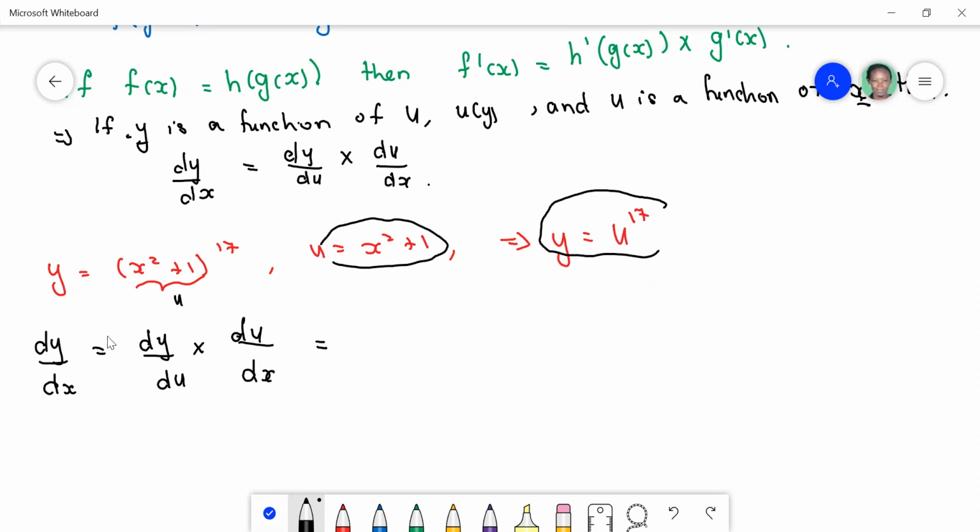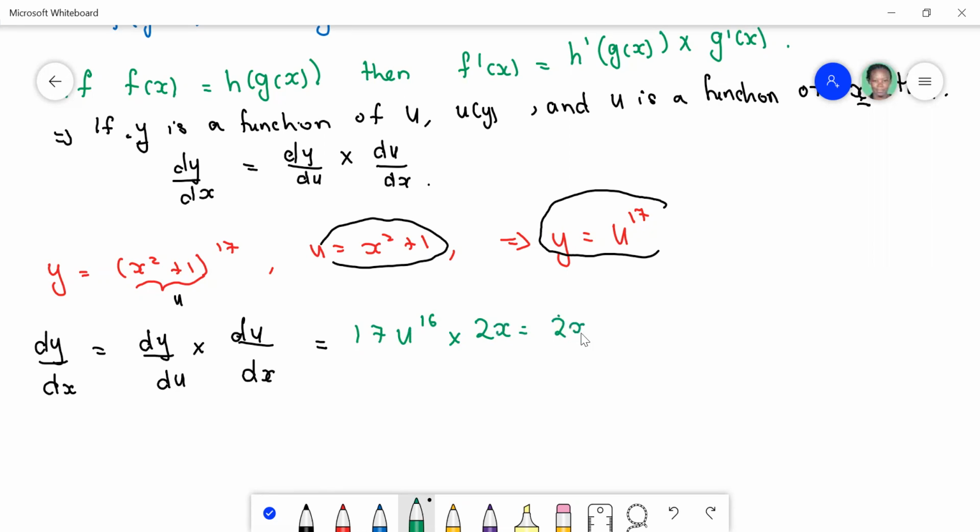So if I do that, dy/du gives me 17 u to the power 16, times du/dx, which is 2x.